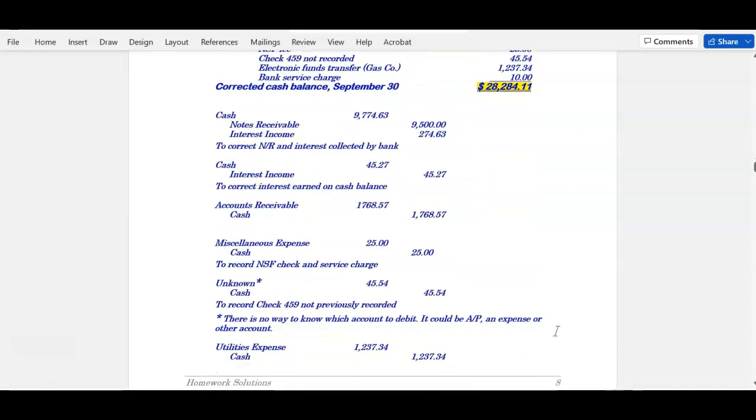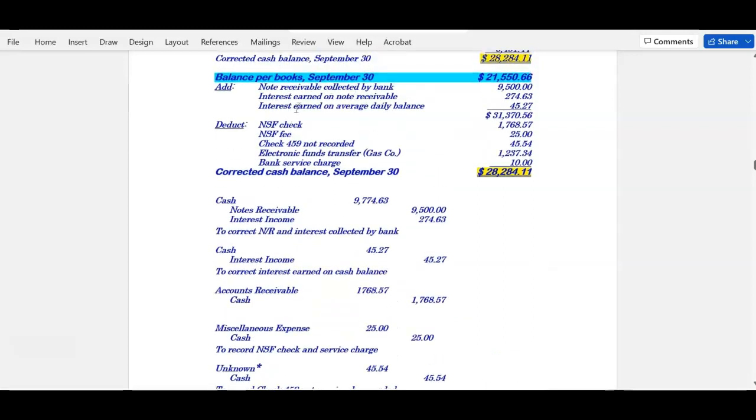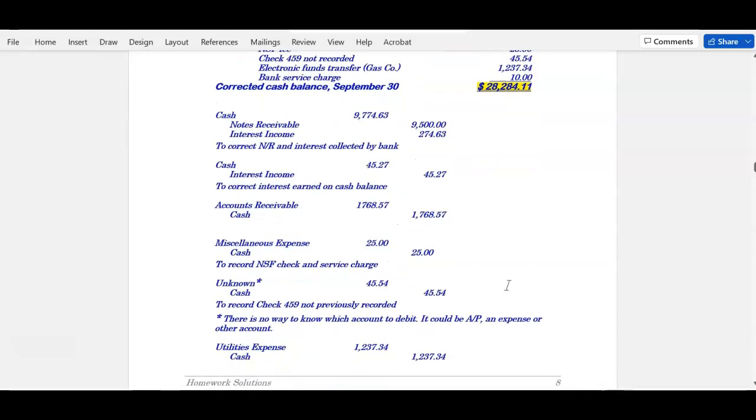So here is the journal entries that you have to do for every one of those things in your book. Again, anything in your book needs to be journalized. So those are bank statement reconciliation journal entries, and you do the journal entries. So you can now compare your answers with mine, and see where you made a mistake.